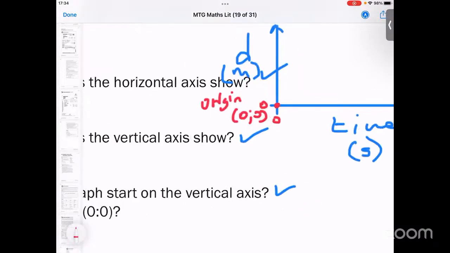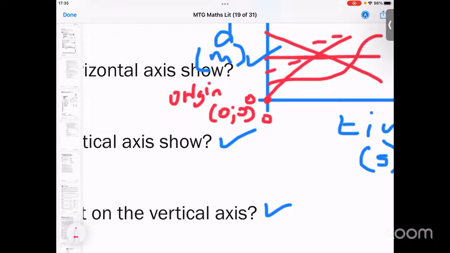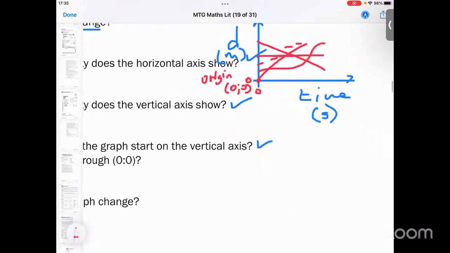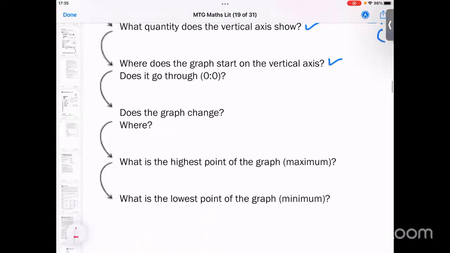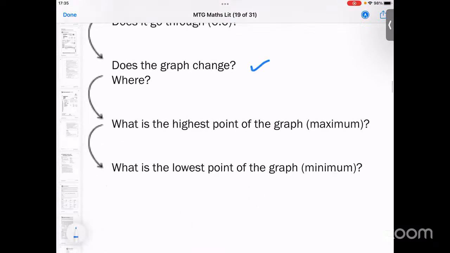So does that graph start from there and do whatever it does? Or perhaps does it start from there and do whatever it does? Or maybe something like that, or like that. If it's dotted, it doesn't really matter that much, the honorable member. But that part of the question is what it is referring to. Does the graph change and where? Those are some of the questions, the honorable member, that you might be asking yourself or be asked.